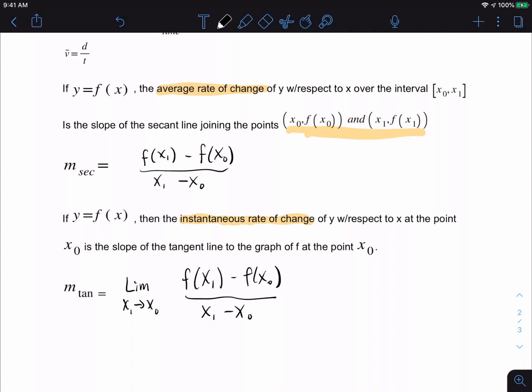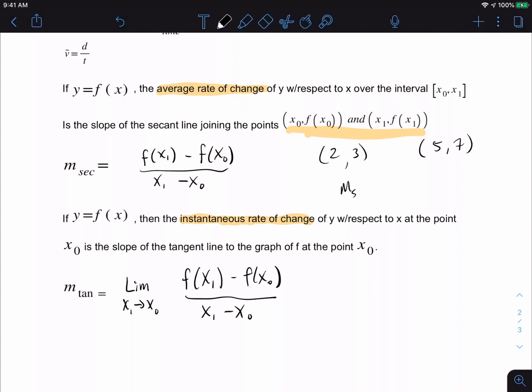So, just so you get an idea, if I give you two points, let's say (2, 3) and (5, 7), to find the secant we're just going to take the slope.